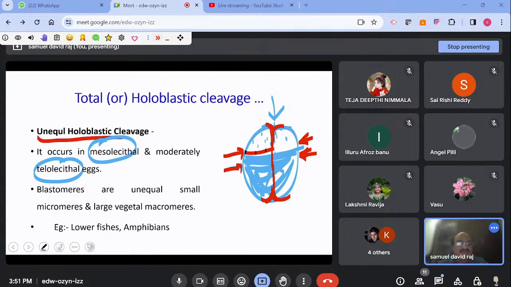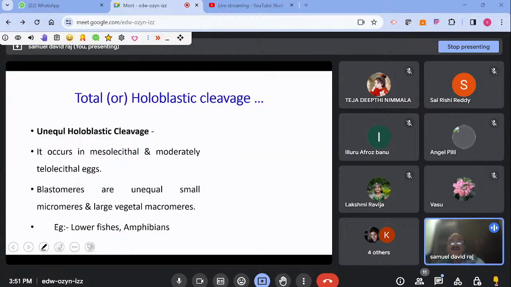Now it divides the cell into two. Thus, two cells which are smaller in size, called micromeres, and two cells which are larger in size, called macromeres, are produced. Thus, the cells that are produced are unequal. Hence this is called unequal holoblastic cleavage, exemplified by amphibians which exhibit mesolecithal or moderately telolecithal eggs. So examples are lower fishes and amphibians.